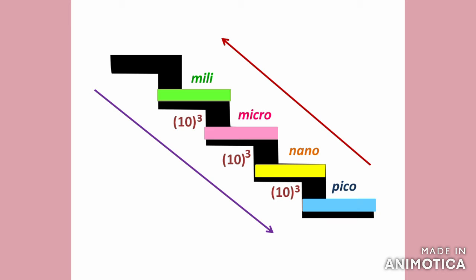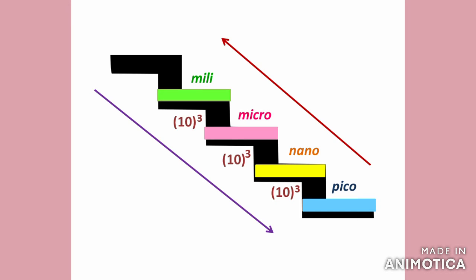When we go from one slab to another slab, we have to multiply by 10 to the power 3. And if we want to go to the next higher unit, just like from nano to micro, then we have to divide the numerical in nano by 10 to the power 3.